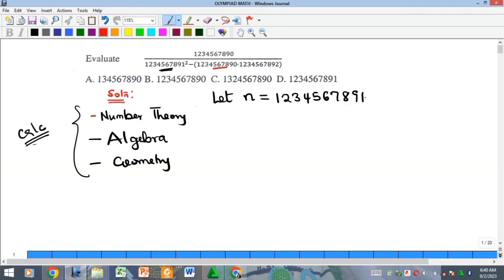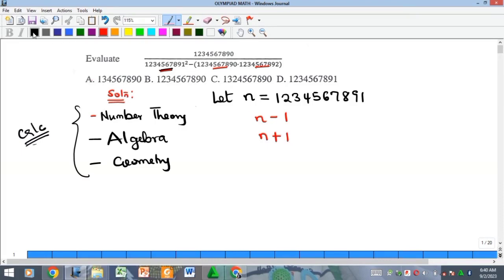This one ended with 1, this one ended with 0. So the second number is actually n minus 1. Remember, we've called the first one n, while the third number in the denominator is actually 1 more than the first one, so that one will be n plus 1.